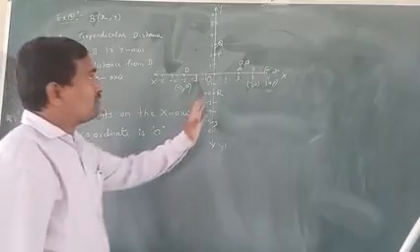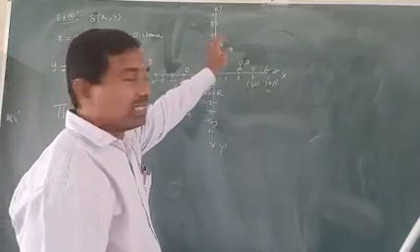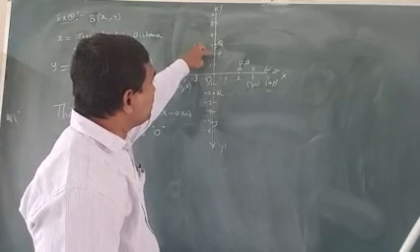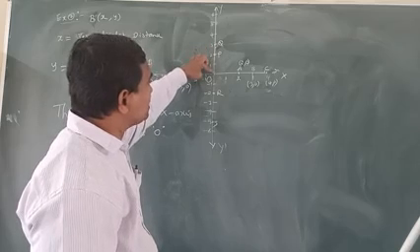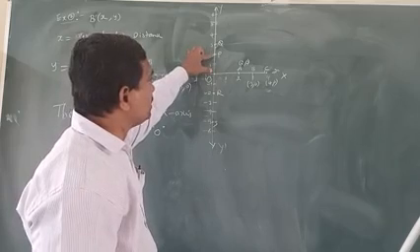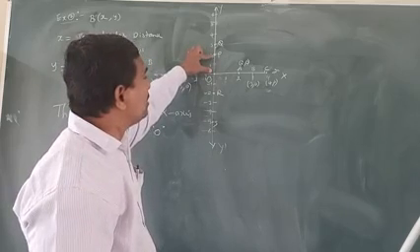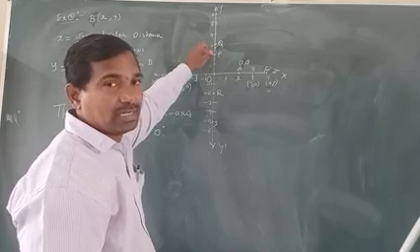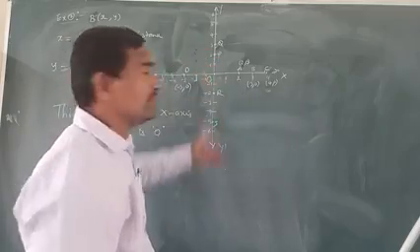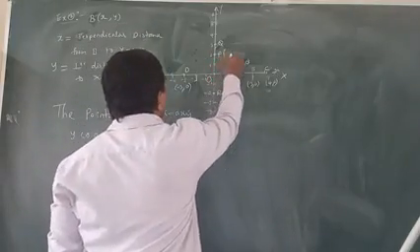Now the points on the y-axis. See here, P is a point on the y-axis. The distance from P to the x-axis is the y coordinate. How much distance? 2 units. So the y coordinate is 2.